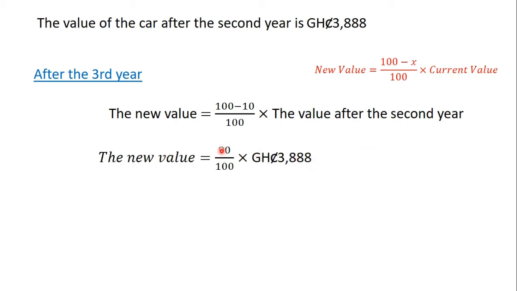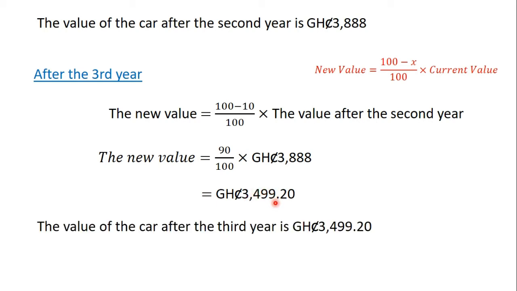And this will give us 90 divided by 100 times 3,888 Ghana cedis. And this will give us 3,499 Ghana cedis, 20 pesewas. So the value of the car after the third year is 3,499 Ghana cedis, 20 pesewas.